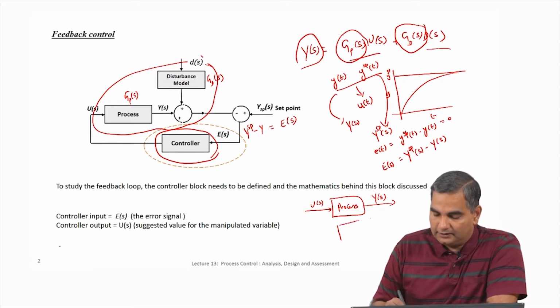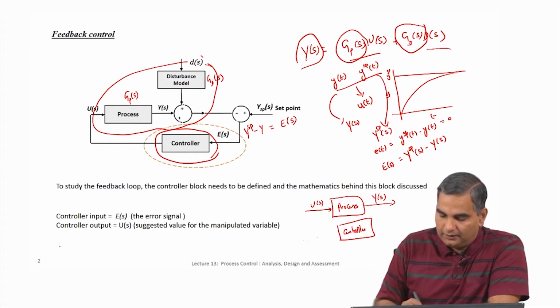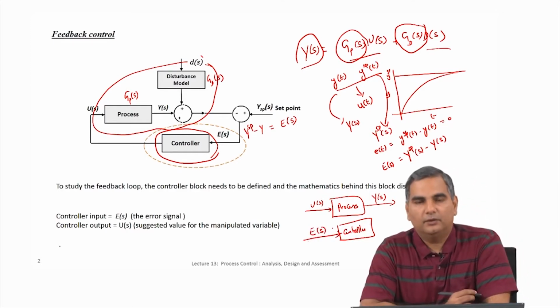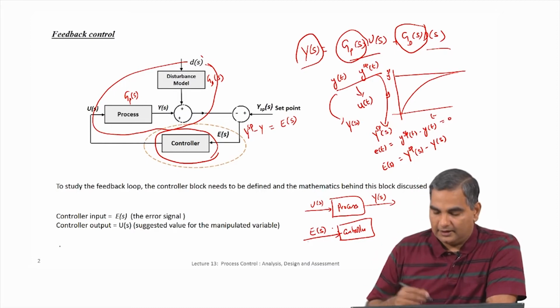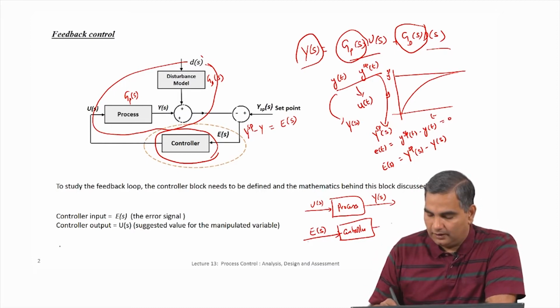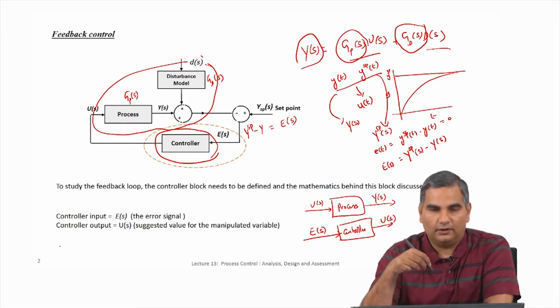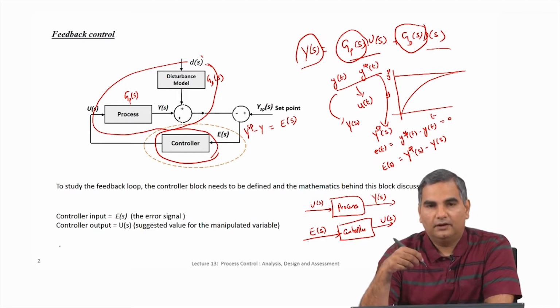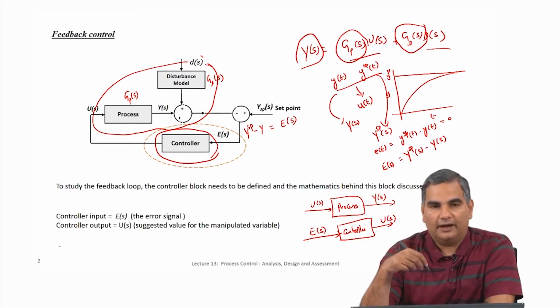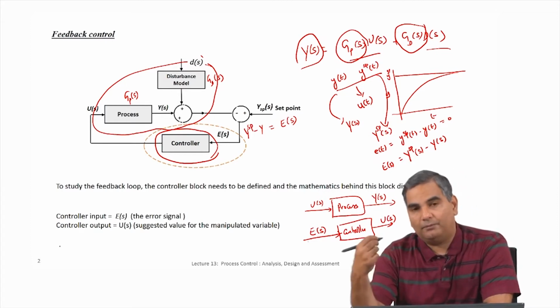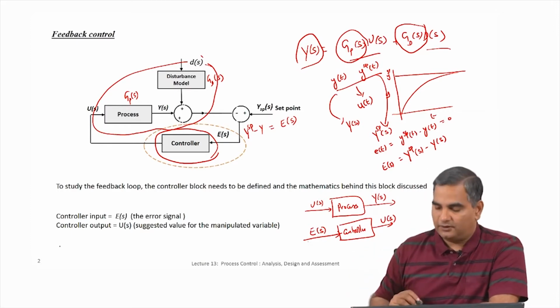The controller is in some sense an inverse of this, where the input to the controller is the error, which is the difference between y set point and y, and the controller has to figure out how u should change. So, how should I manipulate is what the controller figures out, and when I manipulate u of s, what will happen to y of s is what the process figures out.